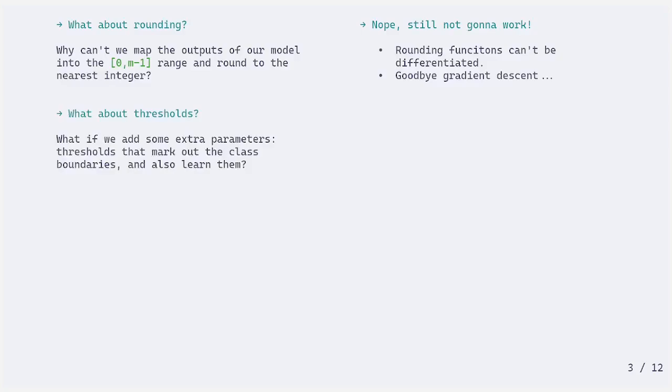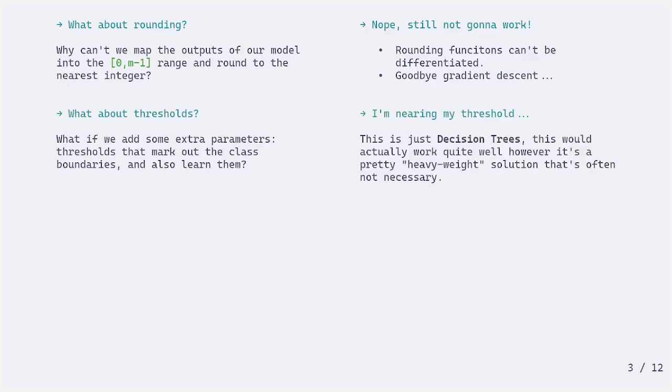What we could do is add some extra parameters to our model, which are thresholds, and we learn them. You tell the model to learn the value of x such that if the output is bigger than x, then it's in class 1 or whatever. And that would work okay.